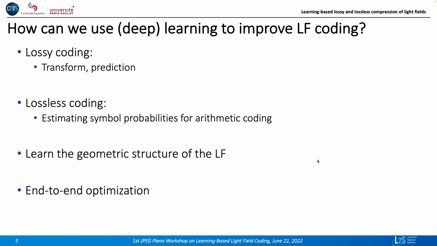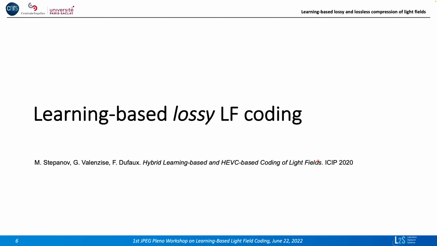So how can we learn these probability distributions? And in general, how can we use the geometric structure of the light field to improve the coding? And finally, how can we do this in an end-to-end way, which gives you the possibility to learn all the components at once? We tried to analyze these problems.